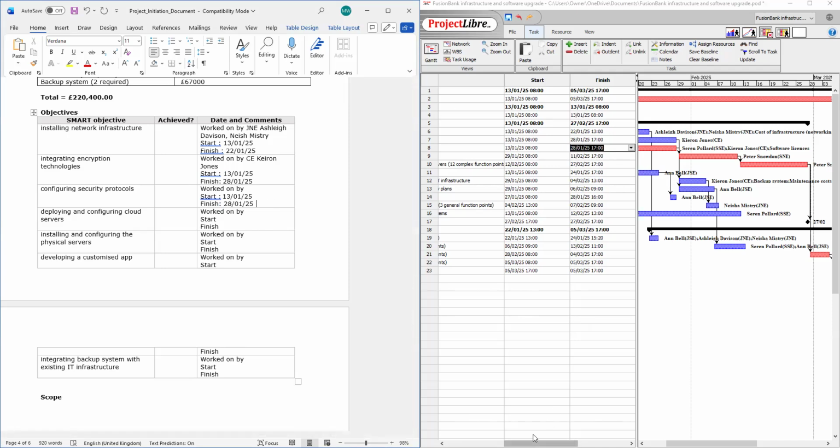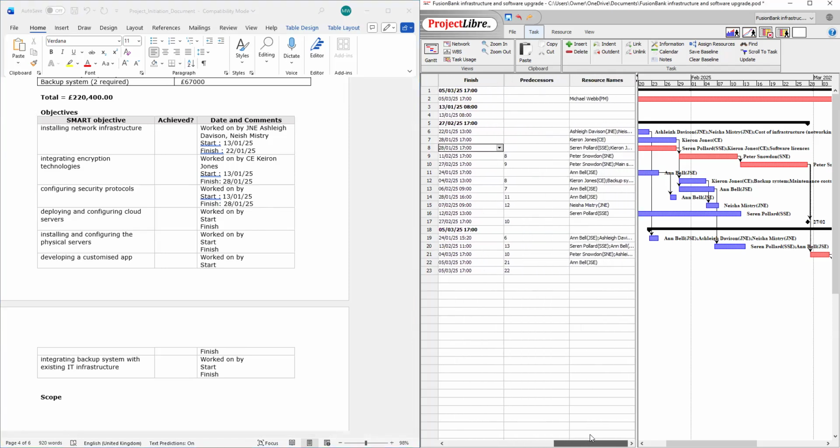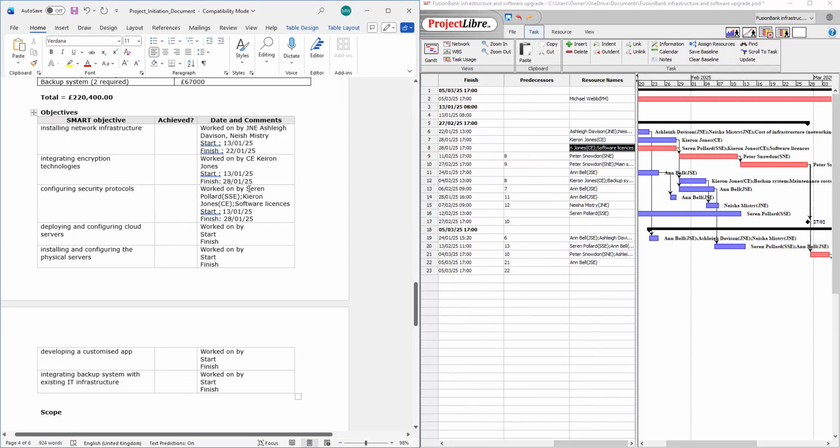And worked on by, I don't even have to go there because it's right here. So all I have to do is just copy all of these. And look at that, all there.